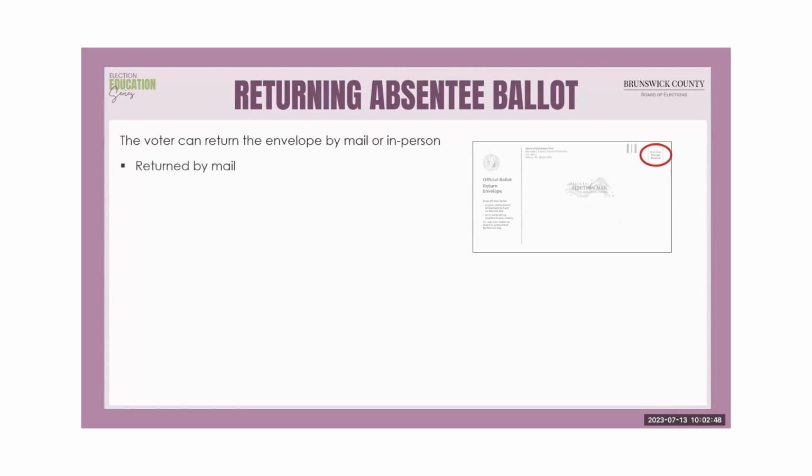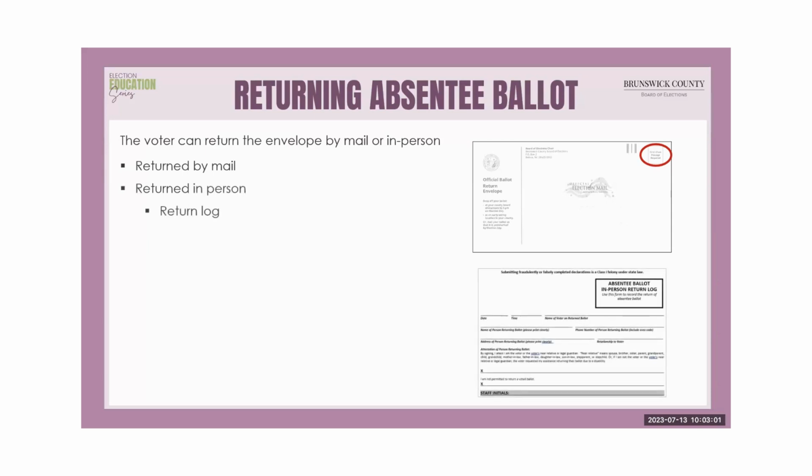If the voter is mailing the ballot, they will need to provide the appropriate postage to the envelope. We also recommend the voters obtain a postmark from the post office when mailing. If the ballot is returned in person, the person returning the ballot will need to complete an absentee ballot return log.